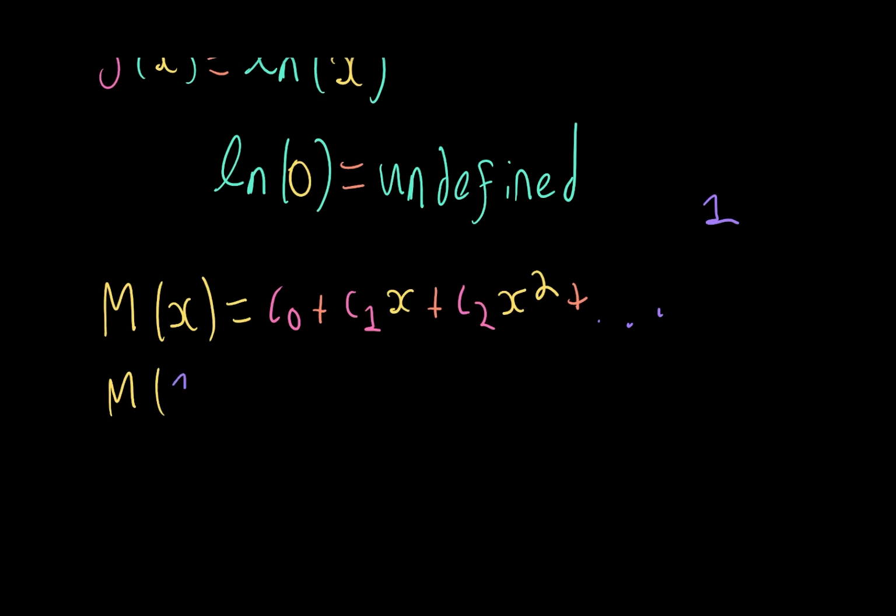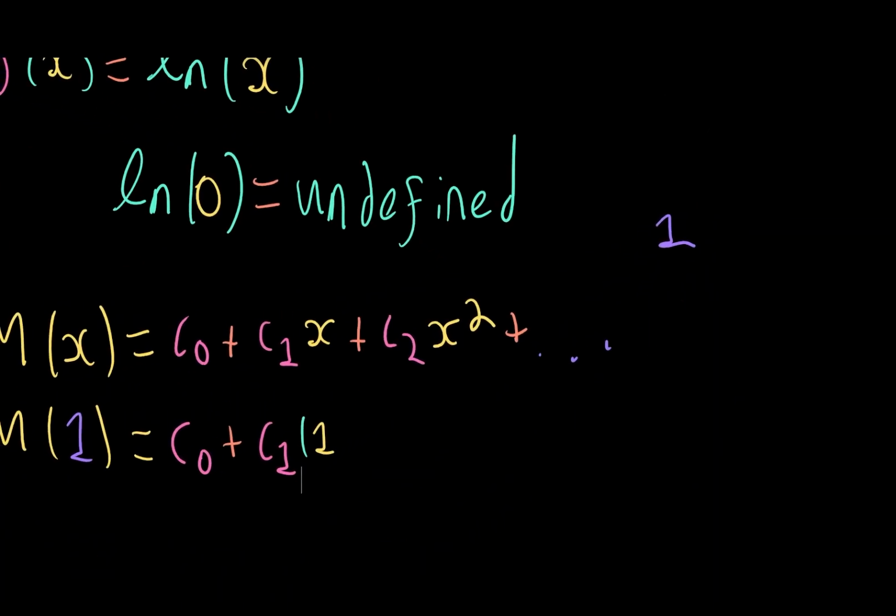So if we were just to find c0, we would do m of 1 here, right? And unlike our Maclaurin series, it doesn't collapse. So it'd be c0 plus c1 times 1, because we're centered at 1 here.